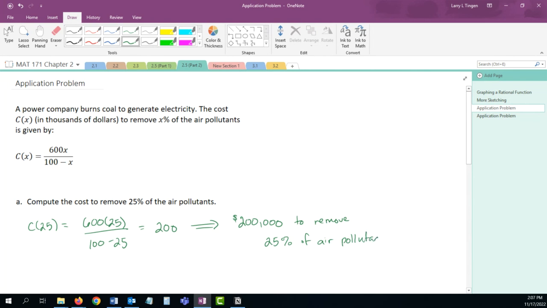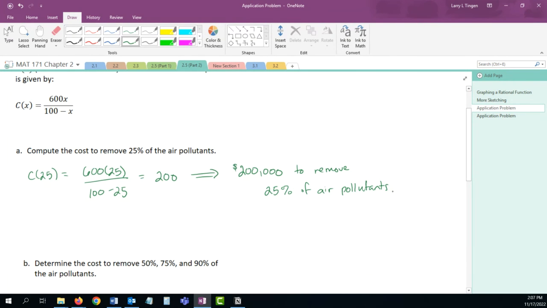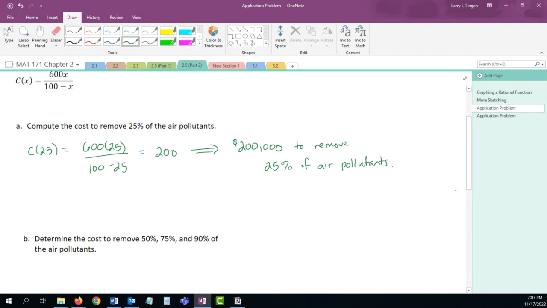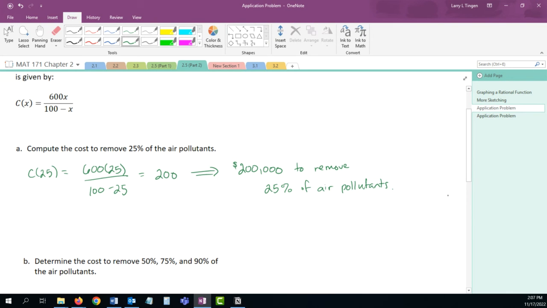Okay. Now, this is going to work. Here's the problem, though. We tend to think that if it costs $200,000 to do 25% of it, our brains work in a linear fashion. So $200,000 to do 25%, well, that means with $400,000, I can do half of them, and with $800,000, I can probably remove them all. That's great if your function is linear, but this is not linear. It's rational.